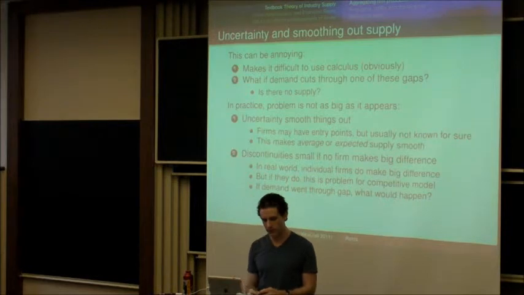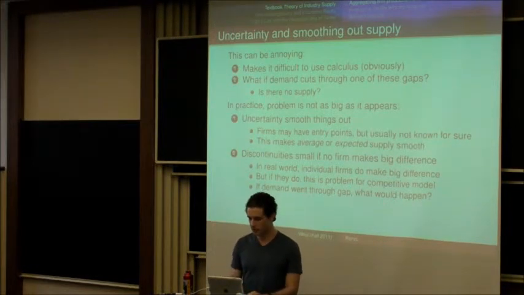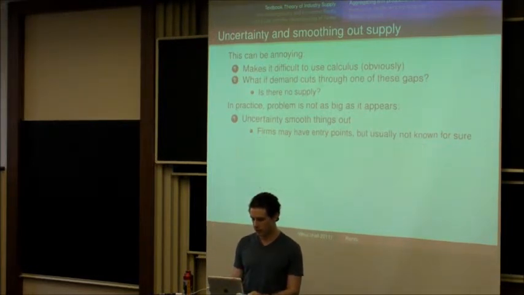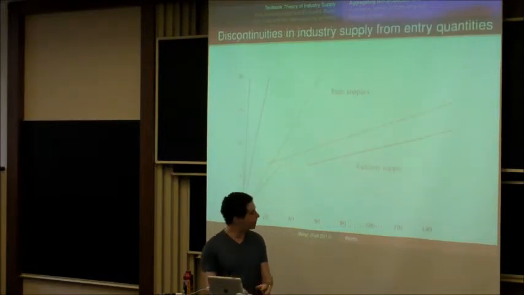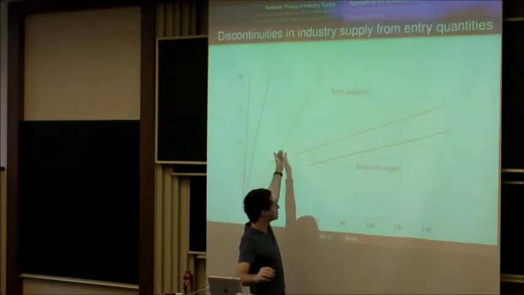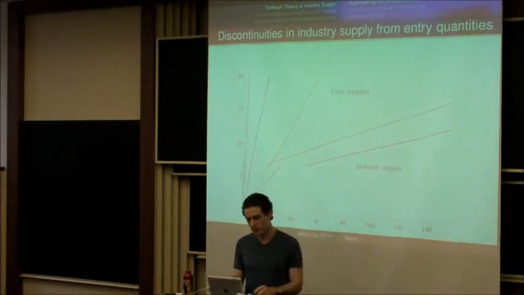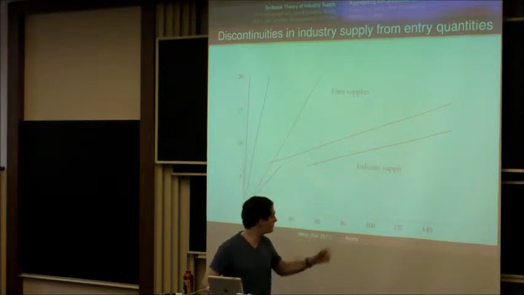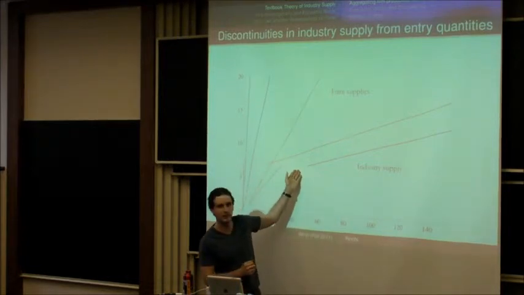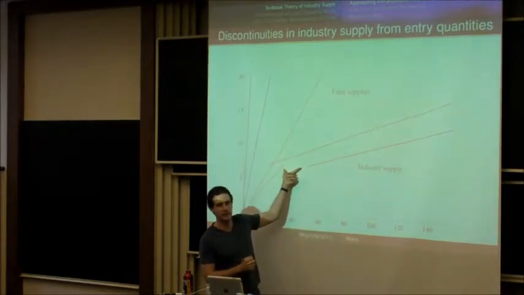So an example of that is, imagine we were in this case where there was this one firm that created this big discontinuity. And imagine that demand went through this gap. Then what do you think the firm would do if it knew that demand was cutting through here and that it was making this big difference in causing there not to be an equilibrium in the market?